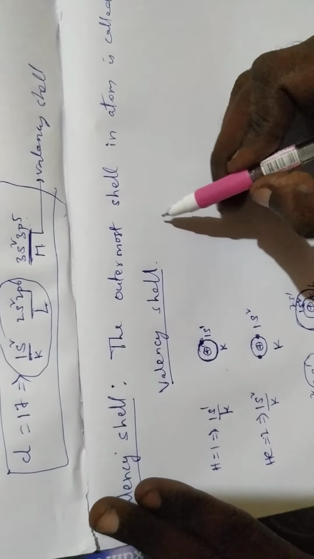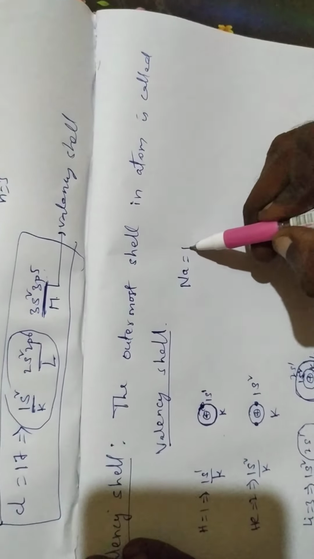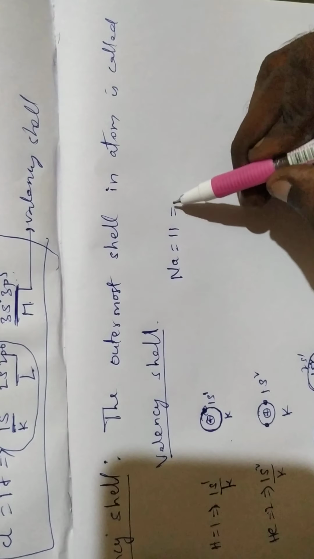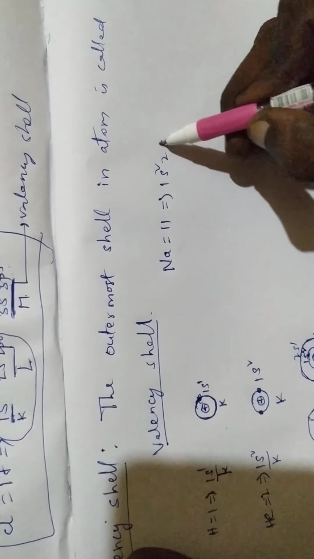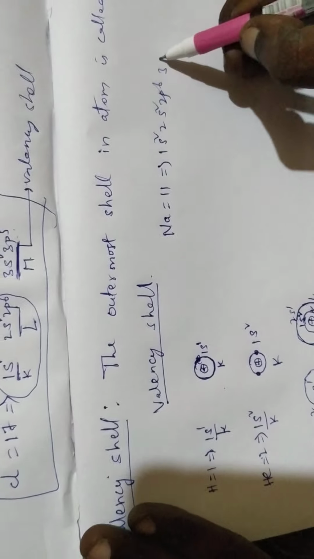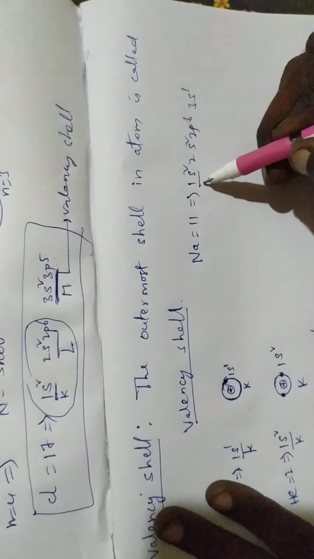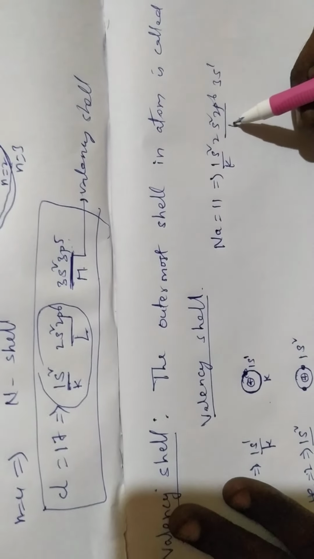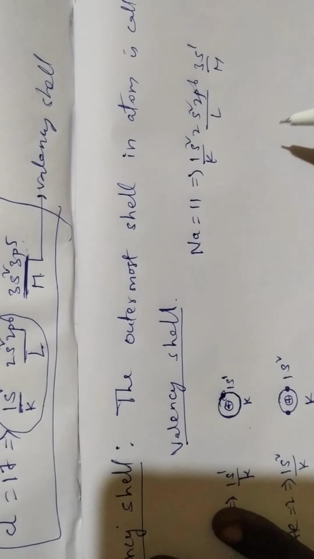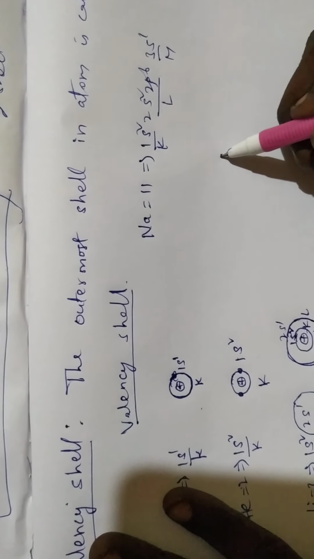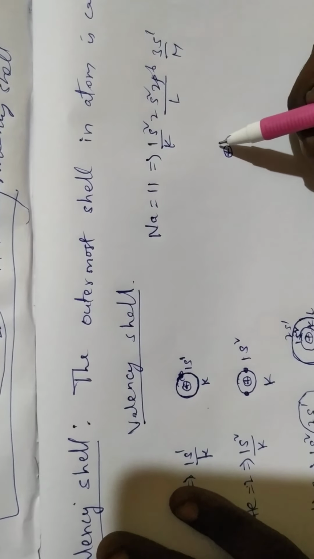Now look at sodium. Sodium atomic number is 11. Its electron configuration is 1s2, 2s2, 2p6, 3s1. K shell, L shell, M shell: 3 shells are there. This is the nucleus of sodium.